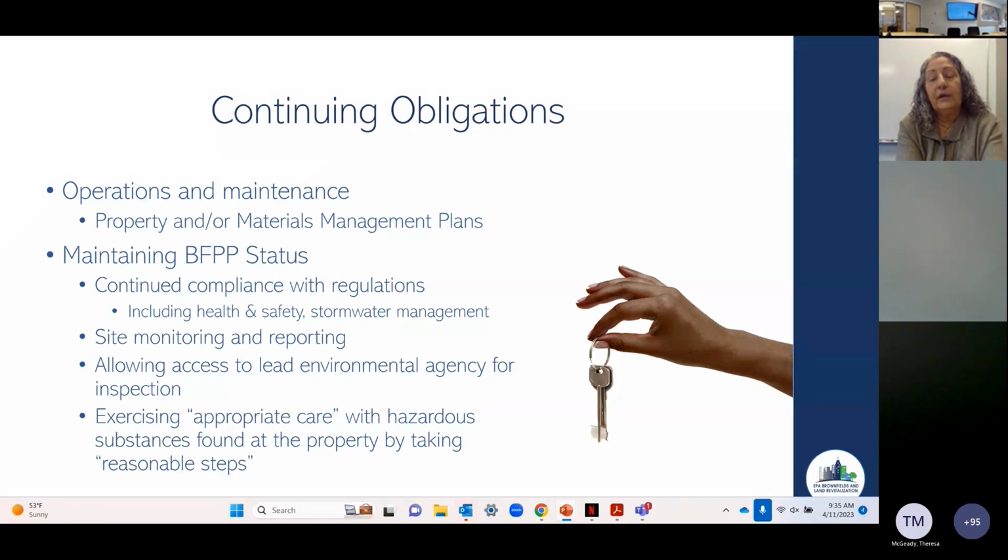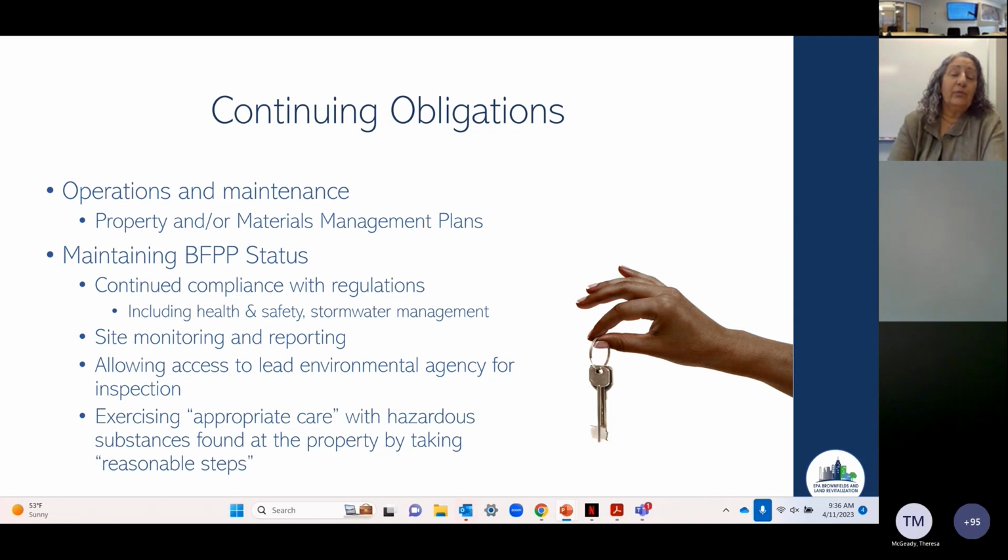Ongoing property management and ongoing materials management are often important on brownfield sites. If you want to maintain your liability protections, you have to continue to comply with environmental regulations. And that can include things that you may not normally think of, like stormwater management.